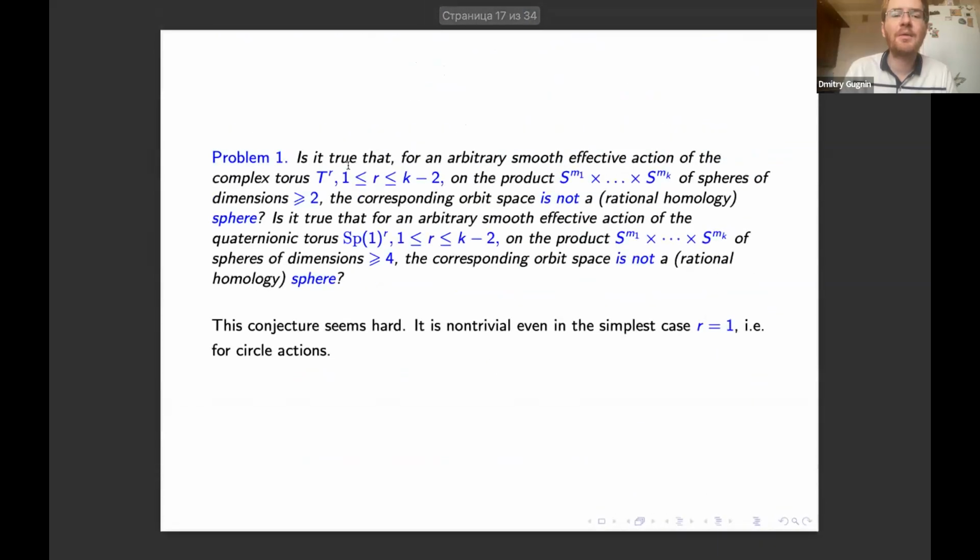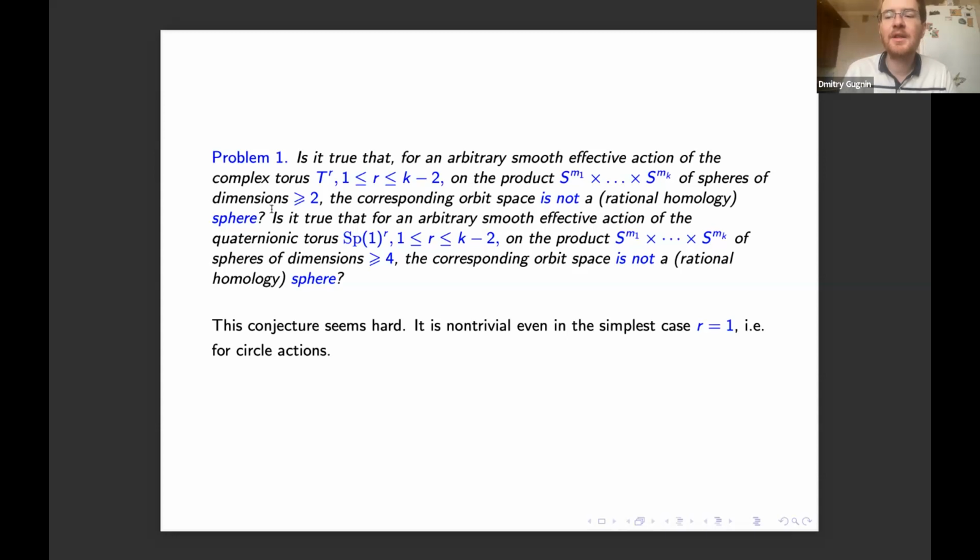And this is the problem. Is it true that for any arbitrary smooth effective action of the complex torus T^r, where r is from 1 to k-2, on the product of k spheres of dimension at least 2, the corresponding orbit space is not a rational homology sphere? I think it is so, but it seems very hard to prove.